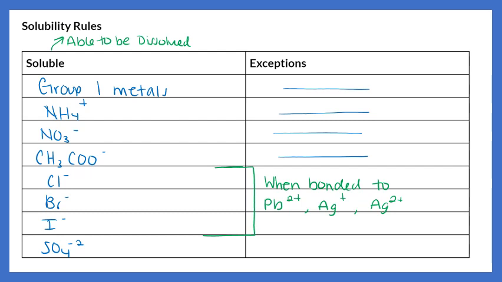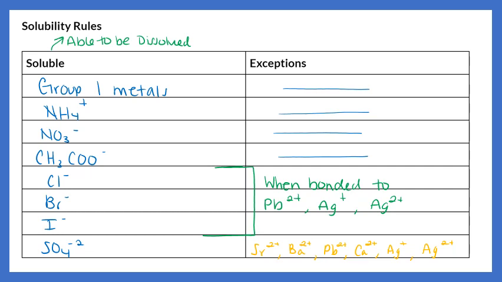And then sulfate is insoluble when mixed with strontium 2+, barium 2+, lead 2+, calcium 2+, silver 1+, and silver 2+.